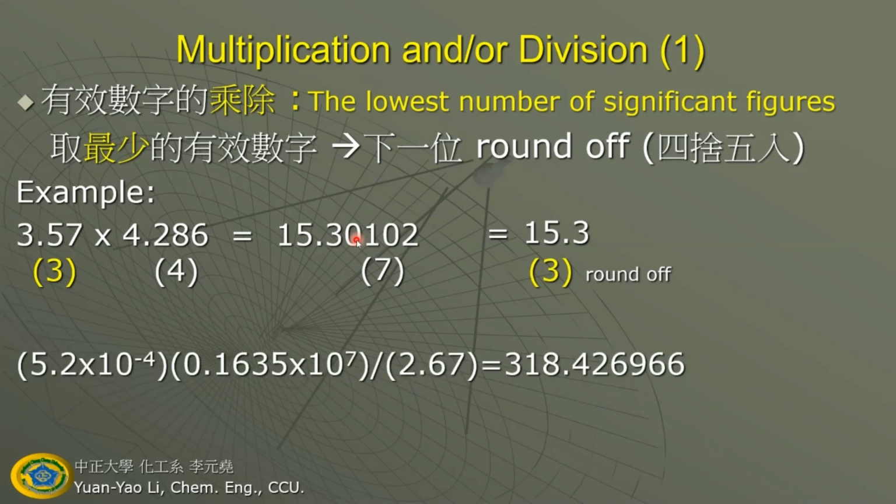Right, how about this one? 5.2 times 10 to the minus 4, times 0.1635 times 10 to the 7, divided by 2.67. And use your calculator. This is the answer you got from your calculator. And then tell me the significant figures here. 2, right?